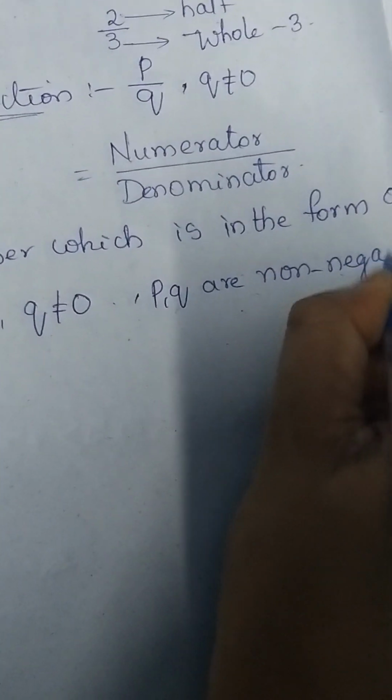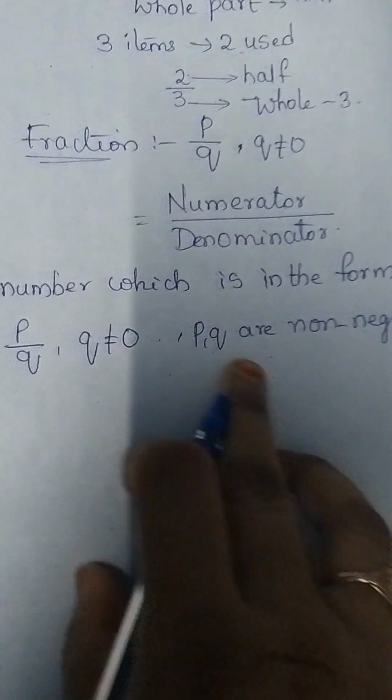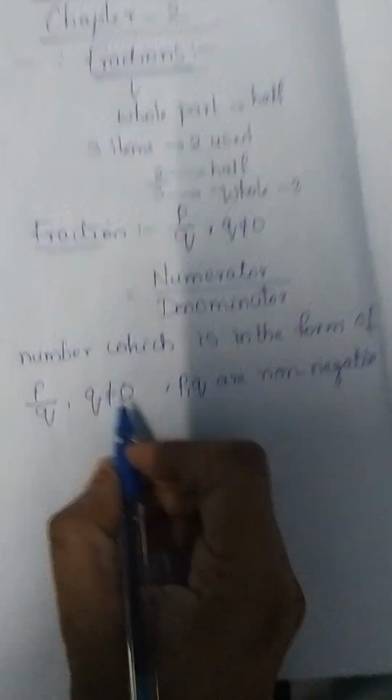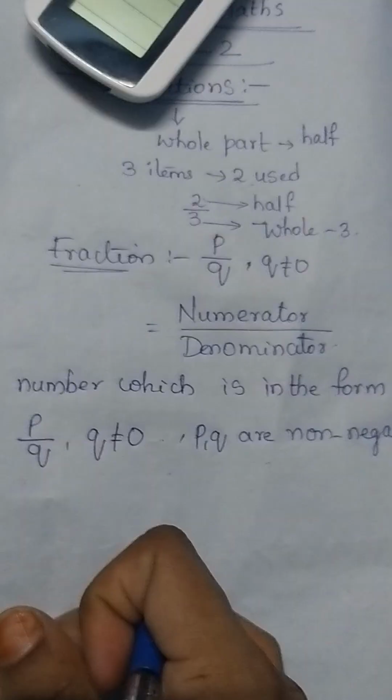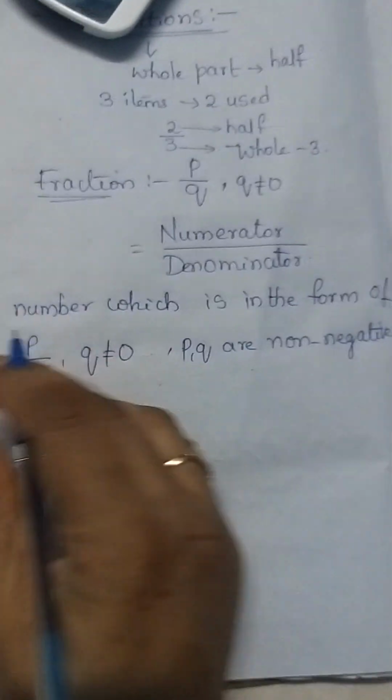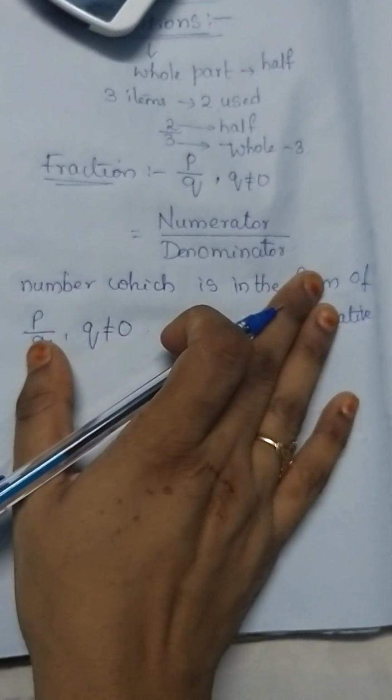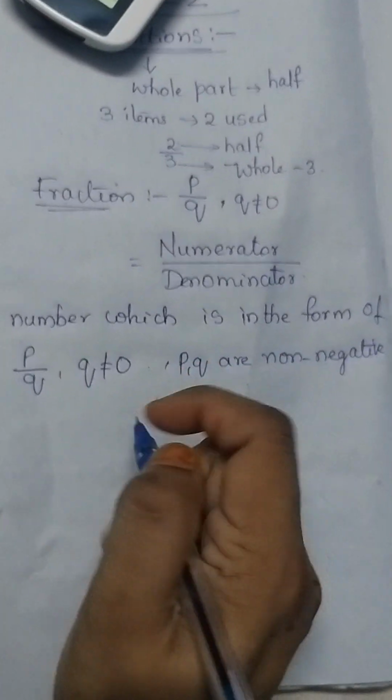Non-negative means not negative, children. We always have positive values. Now see here, children, we can easily understand what a fraction is. You understood, children? Okay, let's do another.